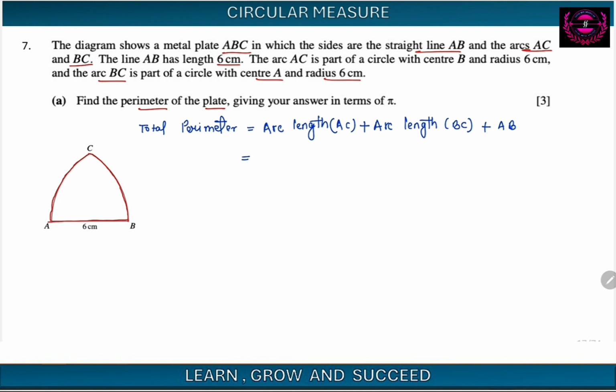Arc length is always given by r theta. So for both the arcs AC and BC, radius is 6 centimeter. So using r theta, we have 6 into theta.